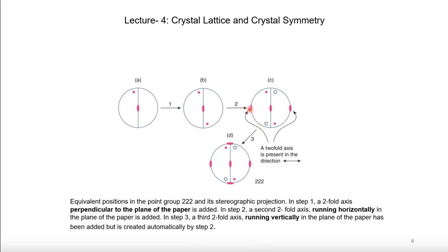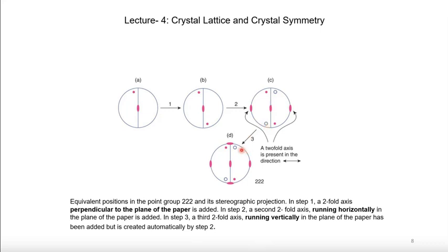How does this lie? This side, this is the 2-fold rotation, parallel to the plane of projection, and that creates another 2 points. These 2 points have been created by this projection.